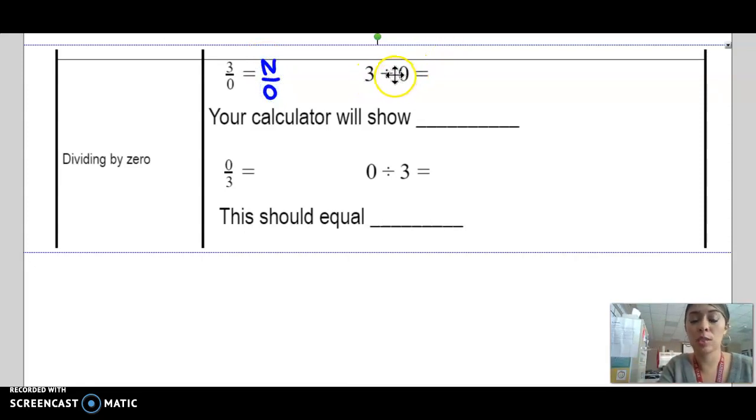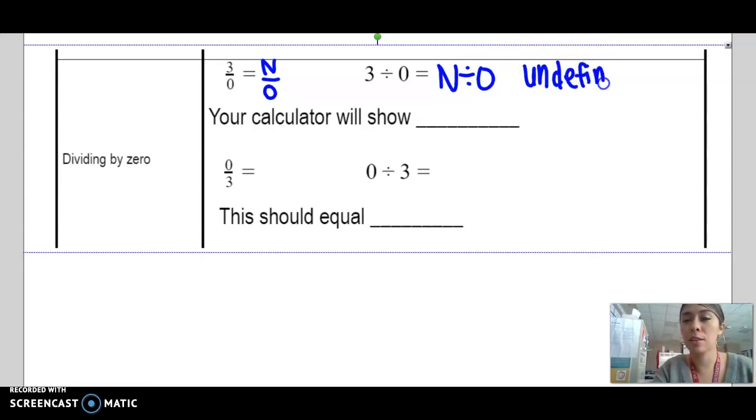This is also going to be a no. You cannot divide by 0. This will always be undefined, because you can't. That's why. And on your calculator, if you ever type in a number divided by 0, it will show error.